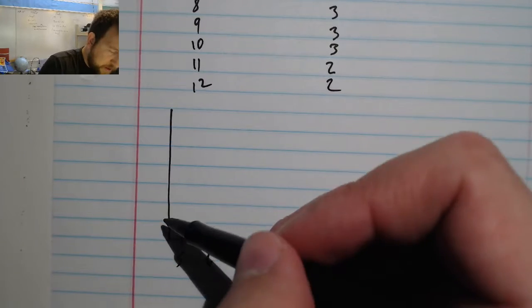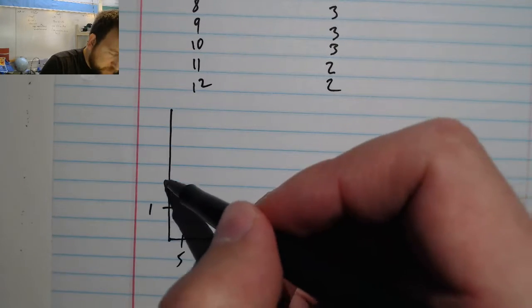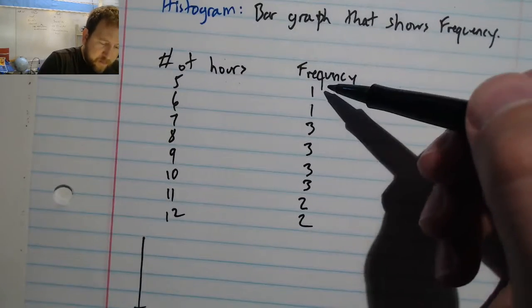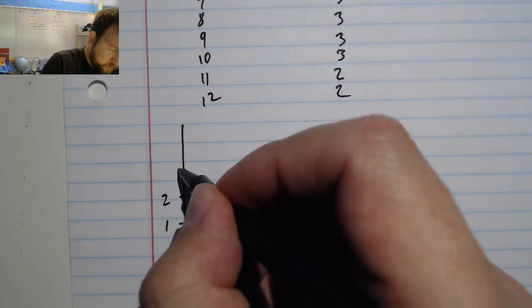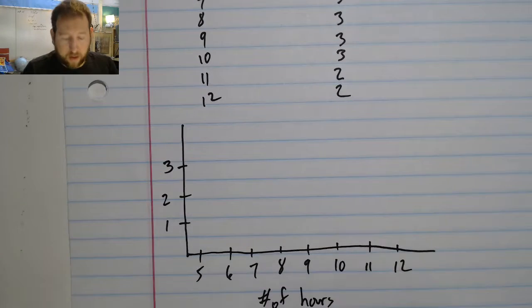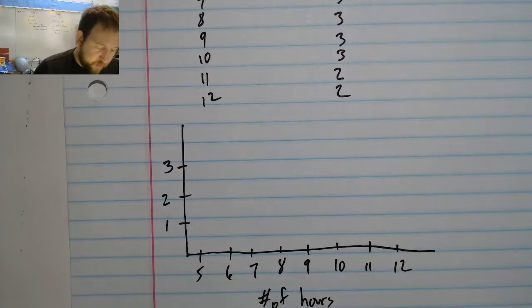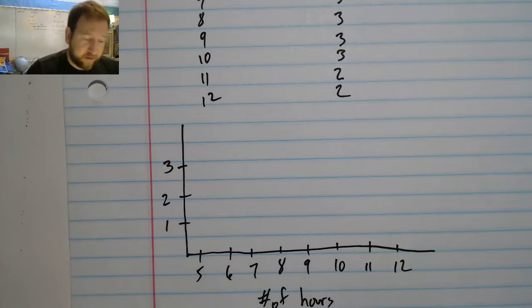And here I will have my frequency, and my minimum is 1, and my maximum is 3. Okay.